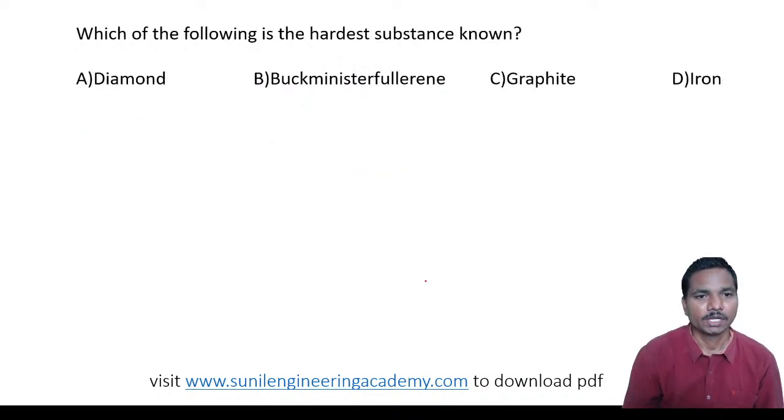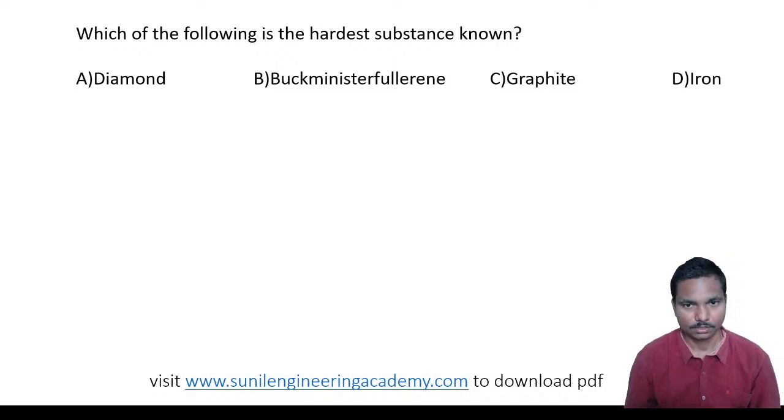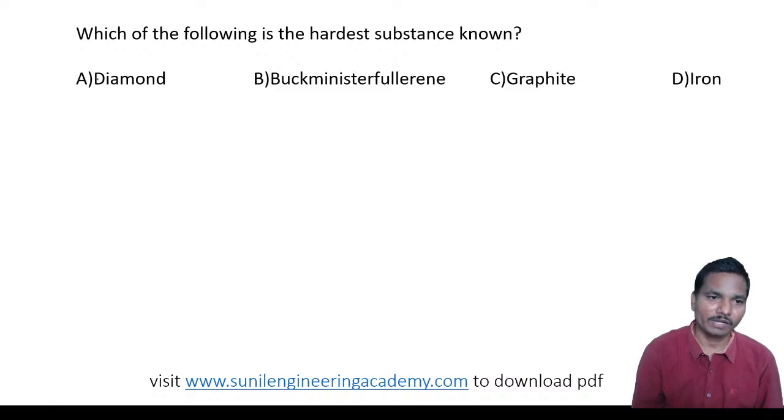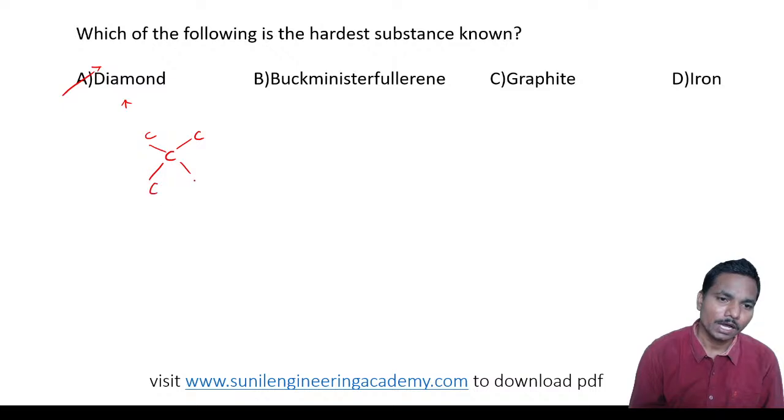Next one. Which of the following is the hardest substance known? Very, very easy question. Hardest substance, we know very well, is diamond. In the diamond, each carbon atom is combined with 4 other carbon atoms, and the bond is a covalent bond.